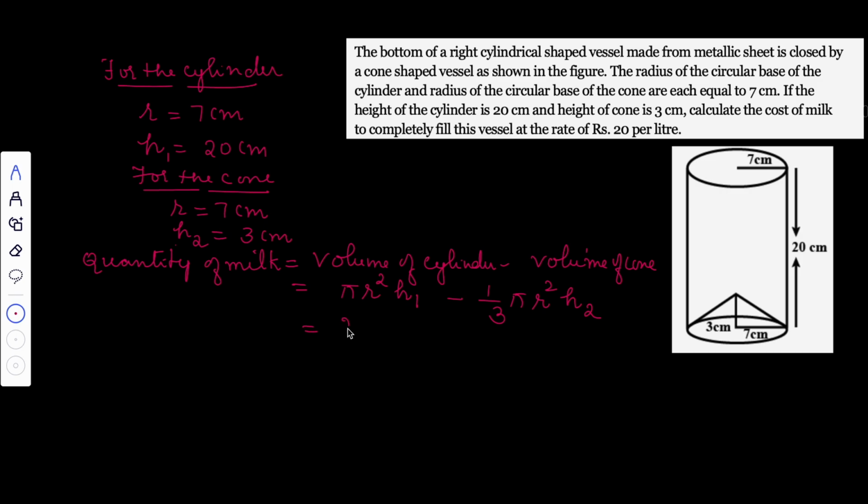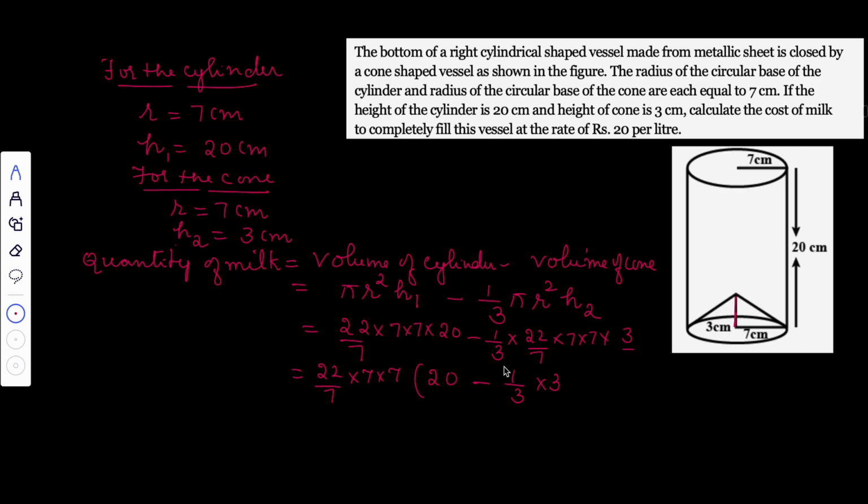Okay, now we'll substitute the values here. 22 by 7, radius is given 7 into 7, H is given 20, minus 1 by 3 into 22 by 7, radius is 7 into 7, height of the cone is given, 3 centimeter. Now we'll write the common terms outside. 22 by 7 is common and 7 into 7 is common. Remaining is 20 minus 1 by 3 into 3.